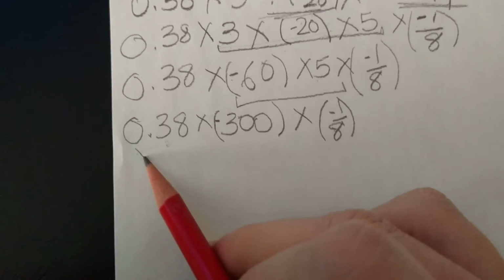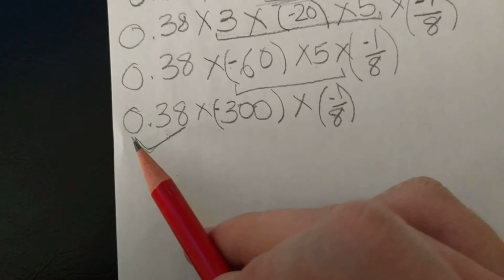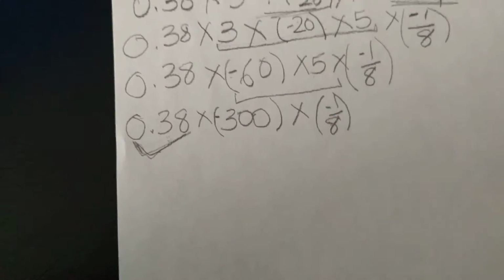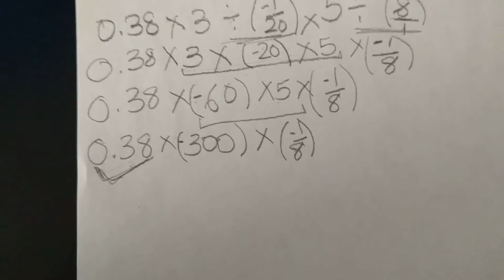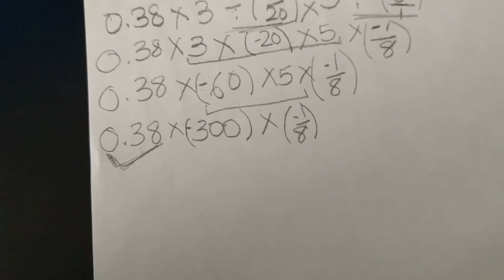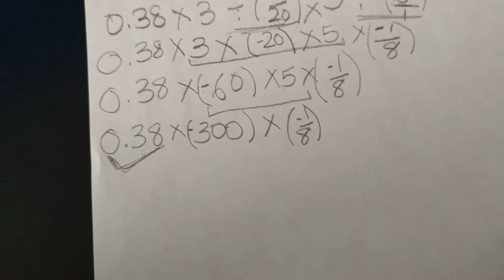So I'm going to turn this into a fraction. If you want to make this into a decimal, knock yourself out, have a great time. The answer will be equivalent in either decimal form or fraction form.